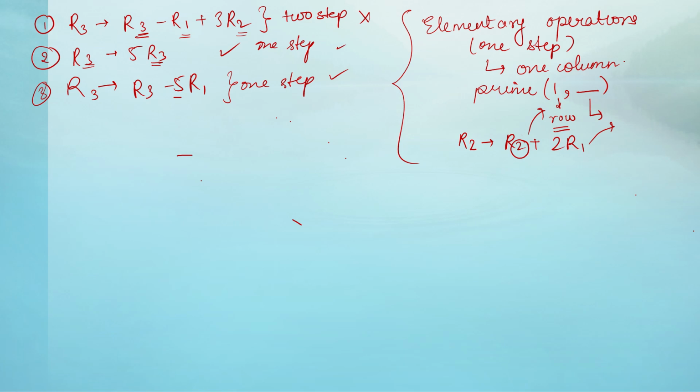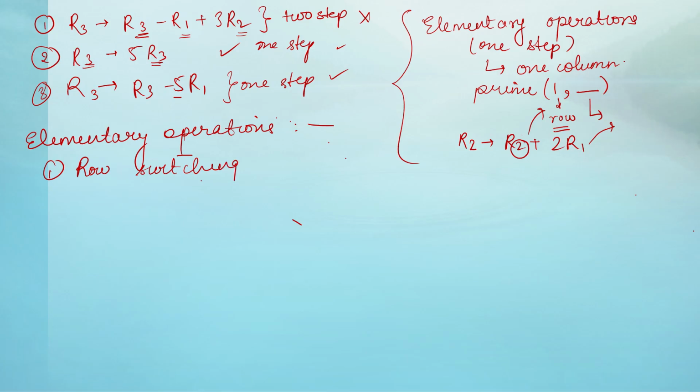So let's write a generalized definition of elementary operations. First, we have row switching. In row switching, we switch Ri and Rj.